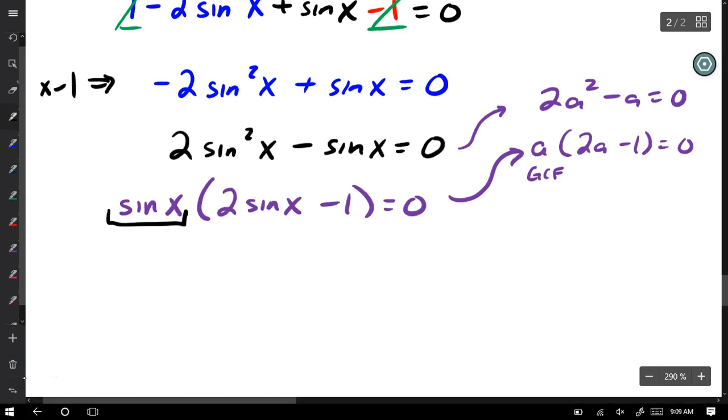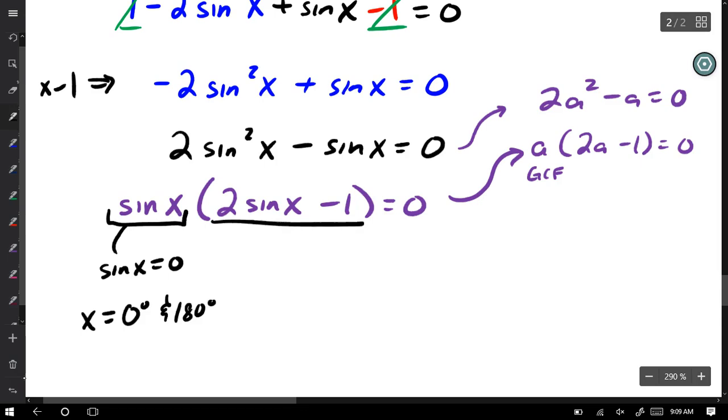So I have sine of x equals 0. And if I go to the trig chart, sine of x is going to equal 0 at 0 degrees and 180 degrees. 2 sine of x minus 1 equals 0. I'm just going to do this in one step. You would add 1 and divide by 2.